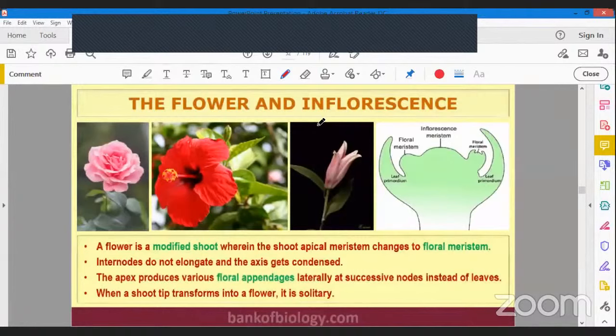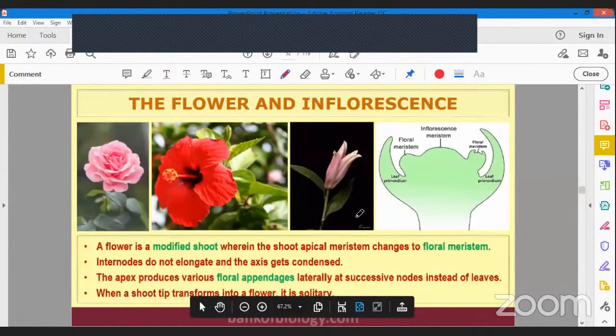So the apex produces various floral appendages laterally and the successive nodes instead of leaves. So what happens, in a normal node, a leaf comes. Whereas the inflorescence is basically a group of flowers. So successive nodes will have flowers instead of leaves. Okay. So when a shoot tip transforms into a flower, it is solitary. That means a single flower is seen. So take it down, students, fast.